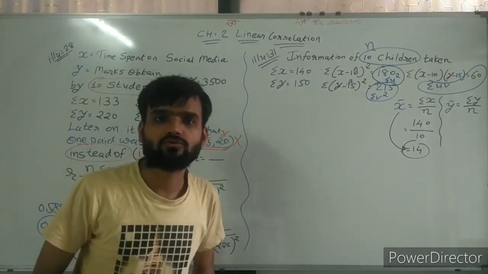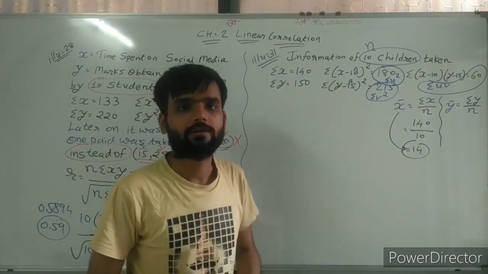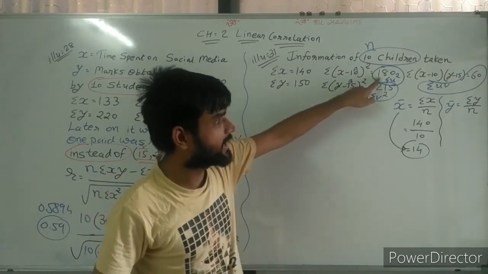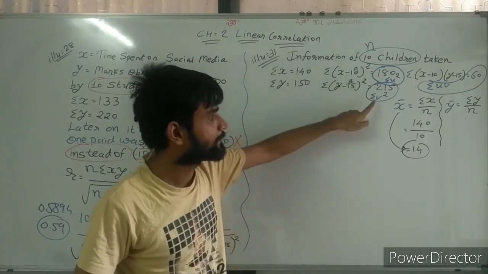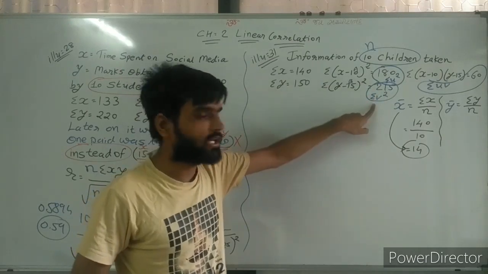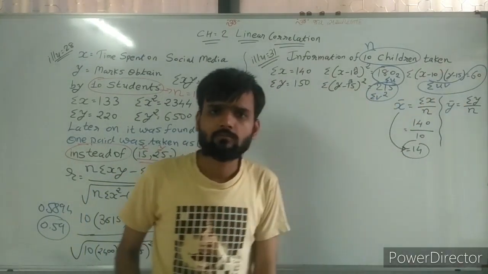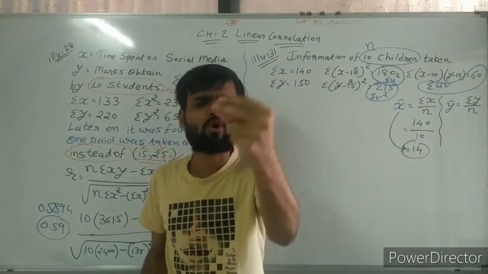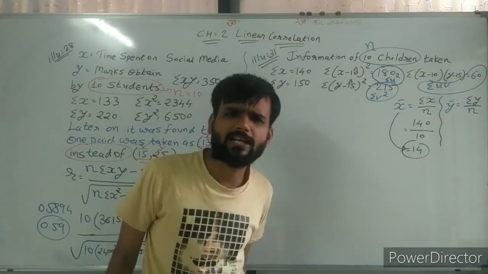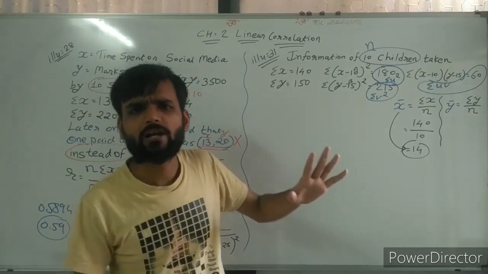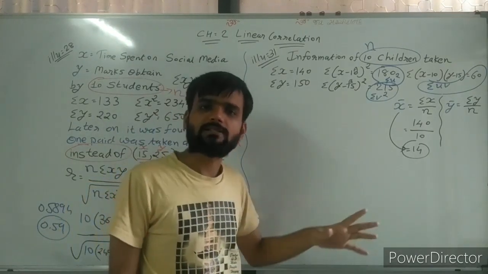These are the values we need to consider. So 180 is sigma u square, 215 is sigma v square, and sigma uv is 60. Because one value is not given, it means that is fixed. It's u and v, the assumed mean is there.